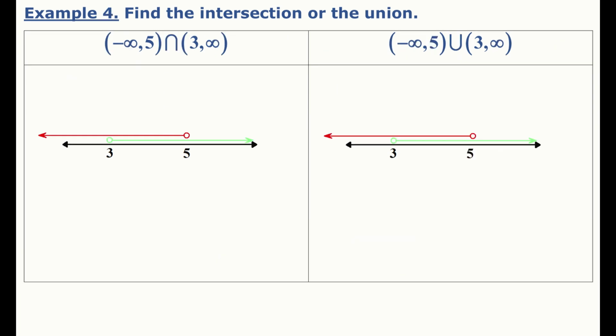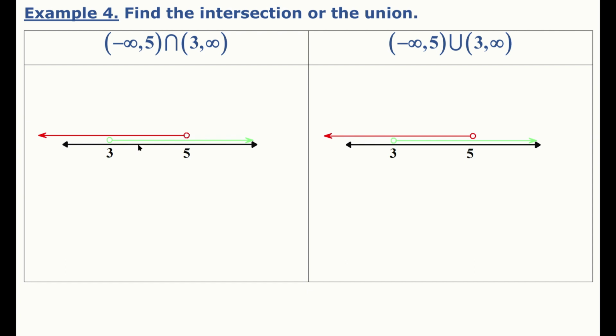For our next problem, we're going to find the intersection and the union of two open infinite intervals. Infinite, of course, in the sense of length. As we can see, here we have depicted the first interval in red, the interval from -infinity to 5, which basically includes all real numbers less than 5.